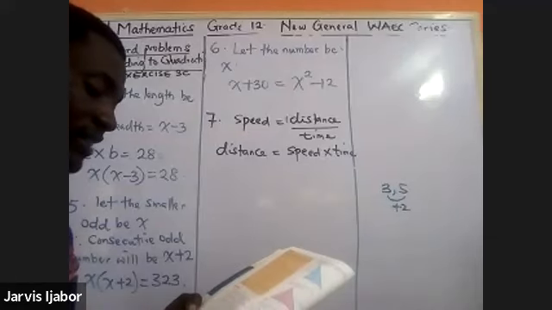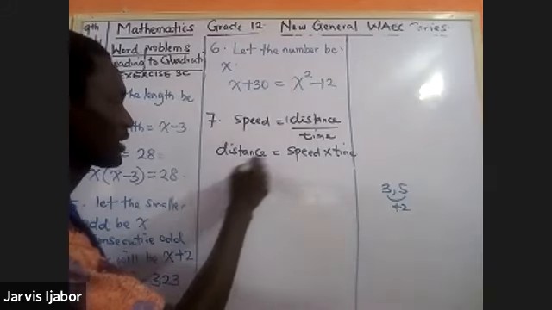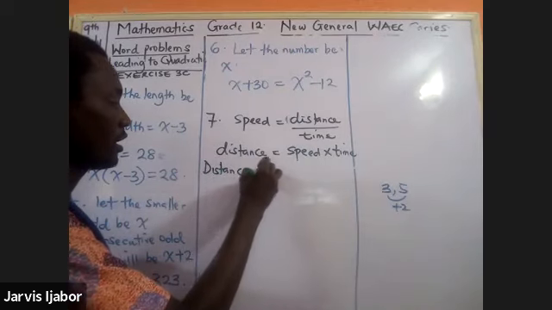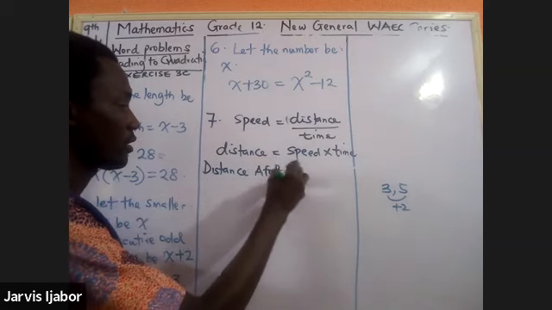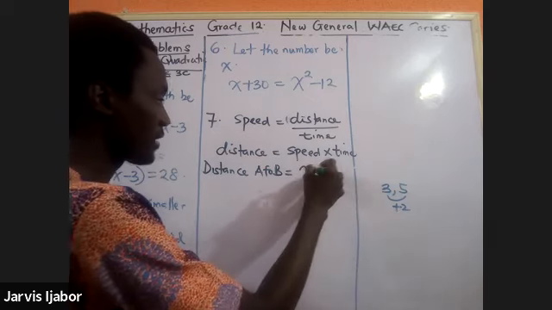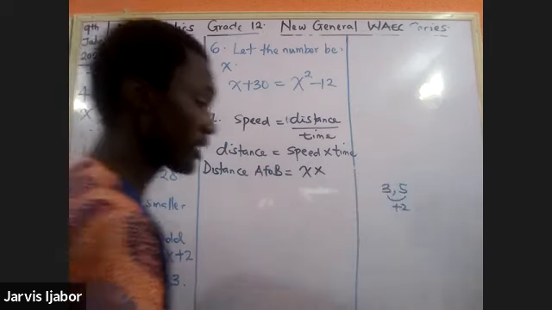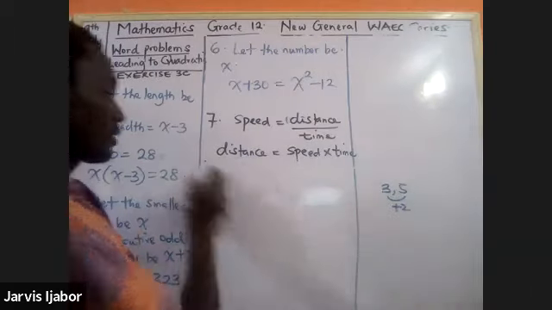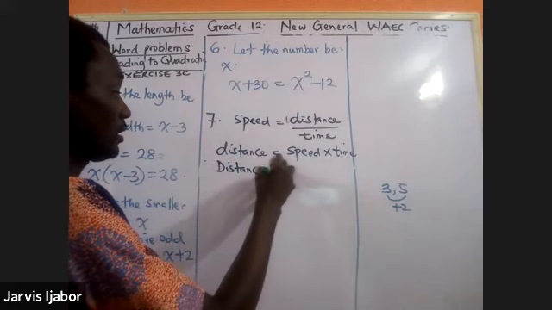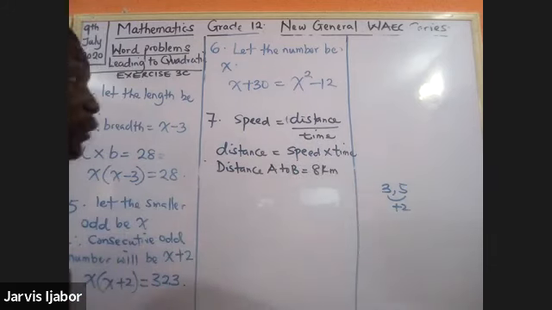So the distance is 8 kilometers at x kilometers per hour. Distance A to B will be equal to 8 kilometers. It means that back, B to A will also be 8 kilometers.